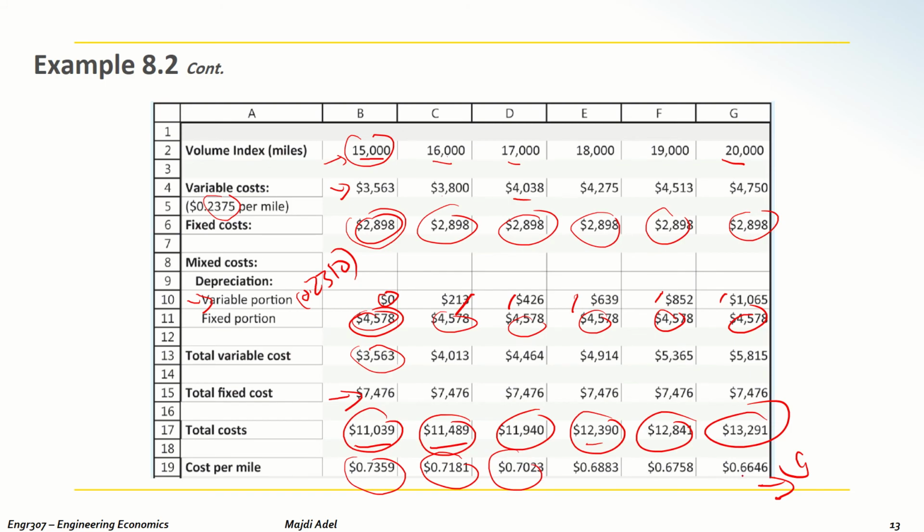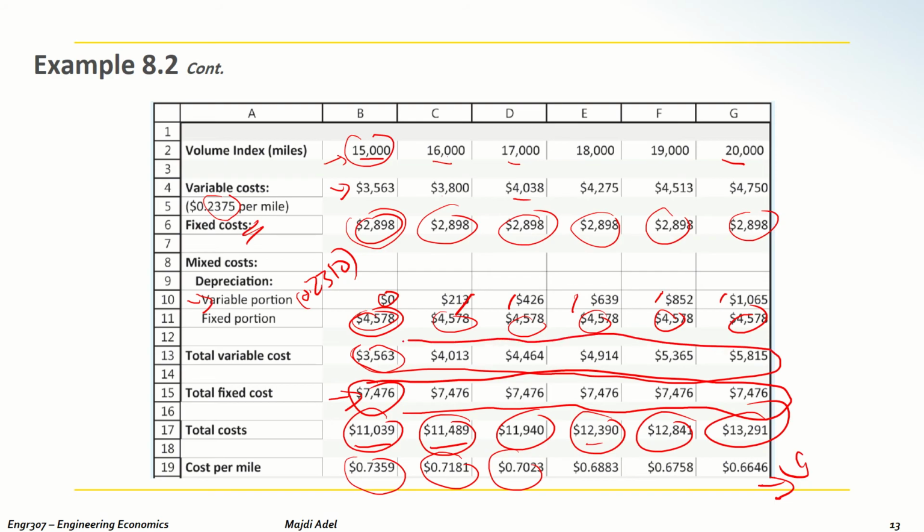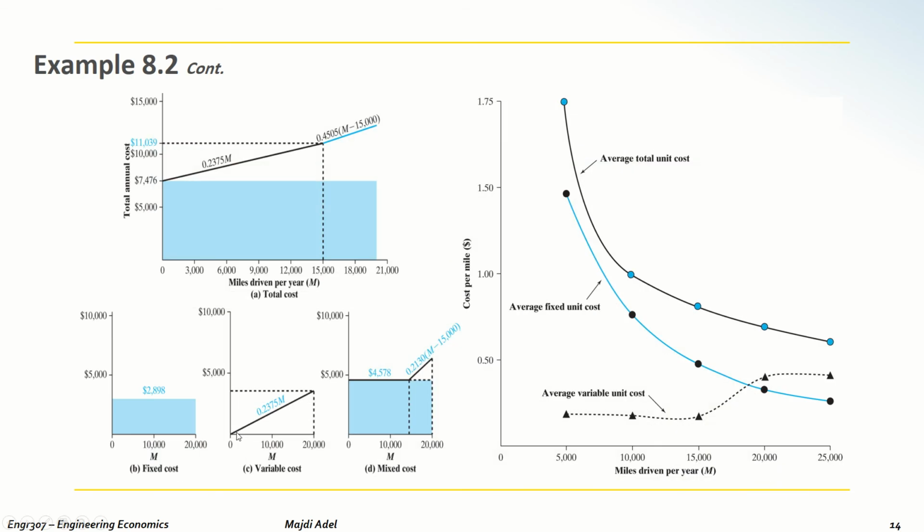But if we drive the car 20,000 miles, the cost per unit is less, because the fixed cost now has a greater contribution than the variable cost. So the more the car is driven, the cost per unit decreases. And the chart here summarizes the data presented in the tables.